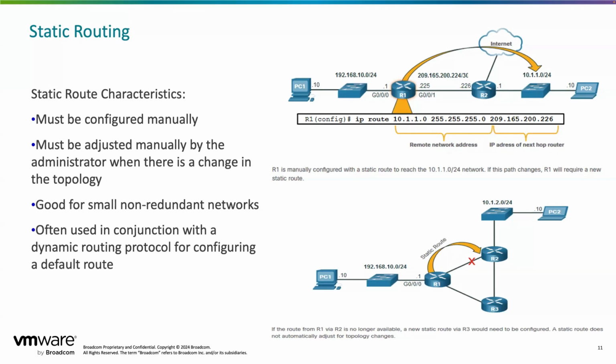which is manually configured. Because it is a manually configured route, there are a lot of downsides. If you imagine there are many IP subnets, you have to manually configure many routes on every router.